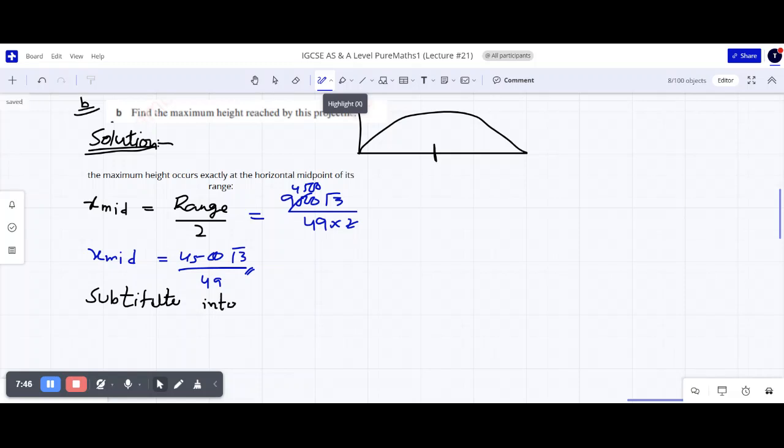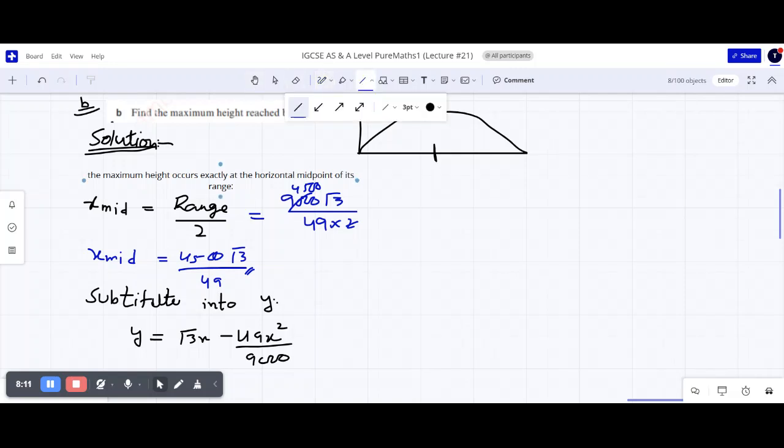Into the projectile equation means y. So y equals root 3 x minus 49 x squared over 9000. We substitute the x value here.